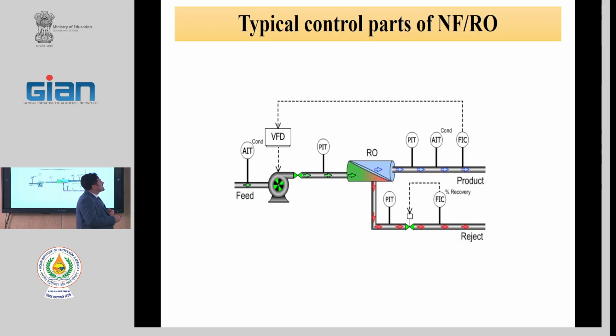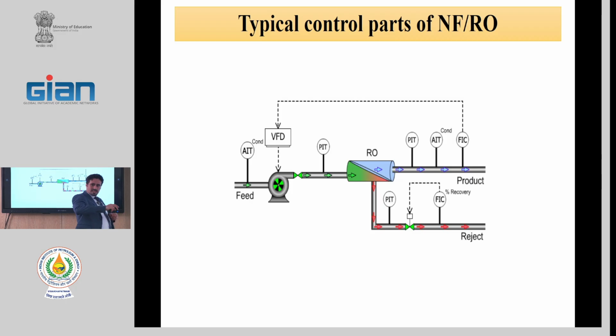We measure the pressure, flow, and temperature for controlling of the conditions. For applying the pressure and controlling of the recovery, we have a closed loop that measures the flow and controls this valve for controlling of the recovery and pressure.